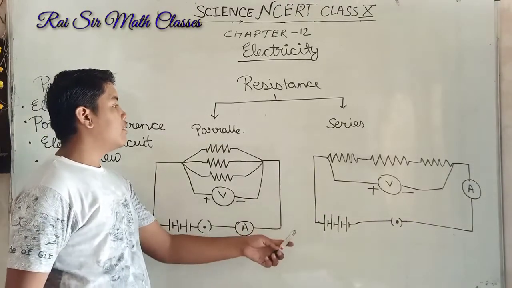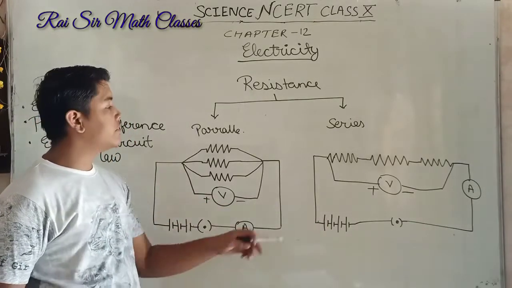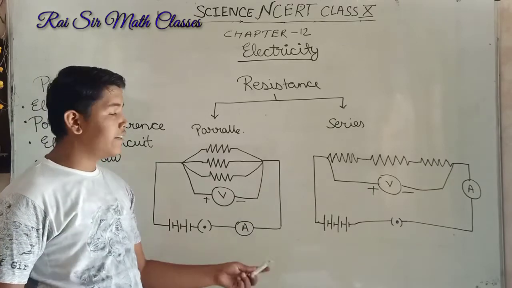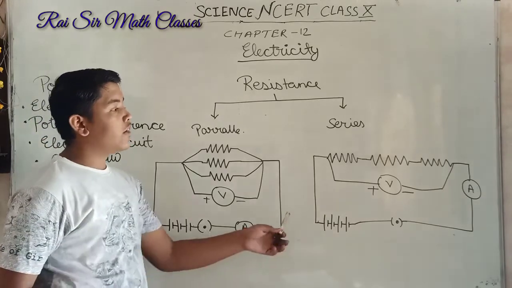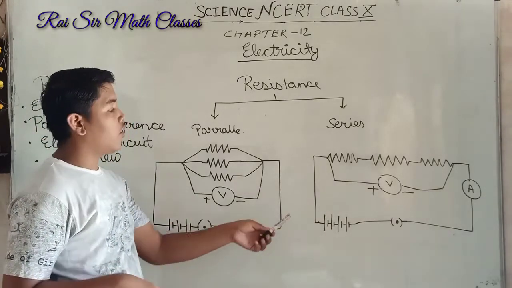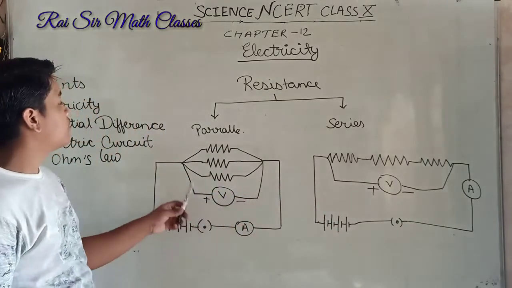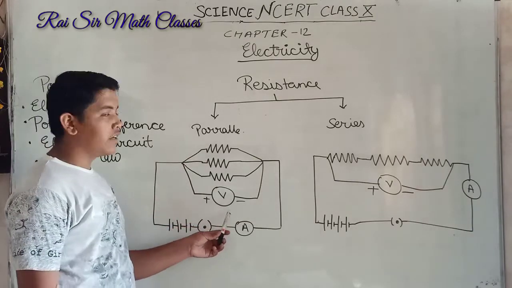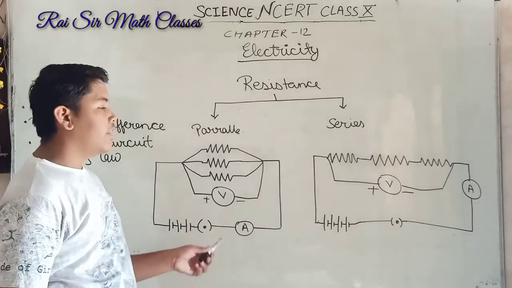In series combination, current remains the same and voltage varies, which means voltage can either increase or decrease in this type of resistance.